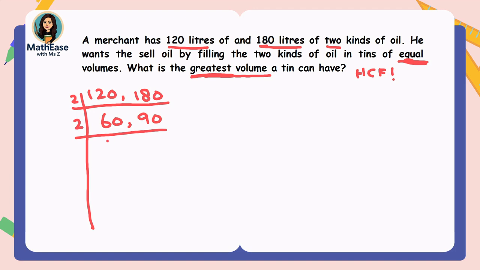So 60 divided by 2 gives us 30, and 90 divided by 2 gives us 45. Since both numbers can't be divided by 2, we're going to try dividing by the next prime number, which is 3. Both 30 and 45 can be divided by 3. So 30 divided by 3 gives us 10, and 45 divided by 3 gives us 15.